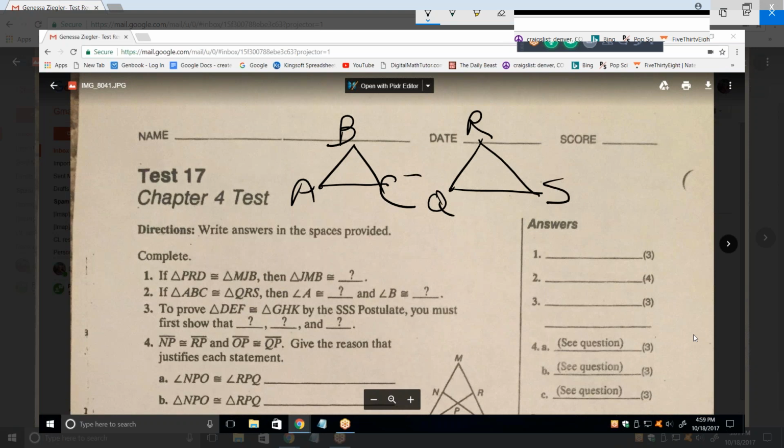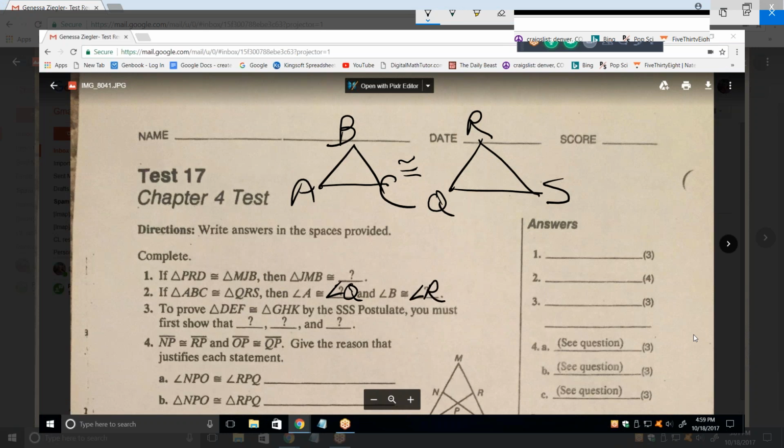And that does mean that angle A is the same as angle Q, angle B is the same as R. In other words, I can't rotate the one on the right. So angle A is equal to what? Q. And angle B is? R. Right. And only that.